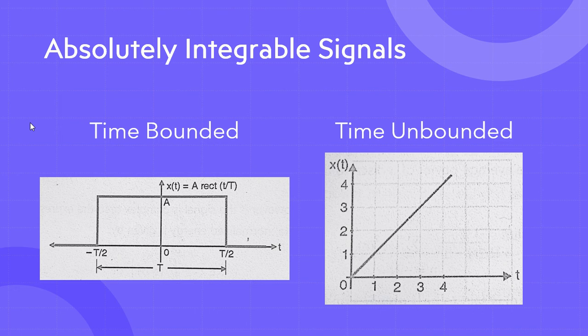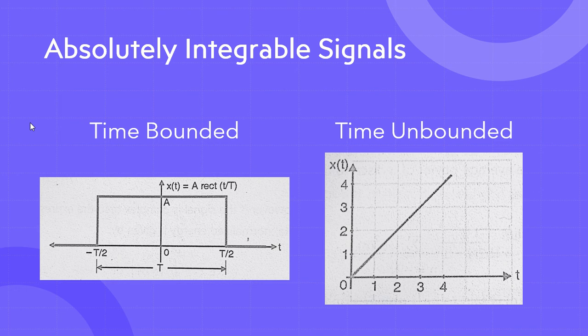more important type of signal. It's called the absolutely integrable signal, and the very base of this lies in the concept of bounded signal and unbounded signal. So if you understand the concept of bounded and unbounded signals, it will be very clear to you to understand the concept of absolutely integrable signal.